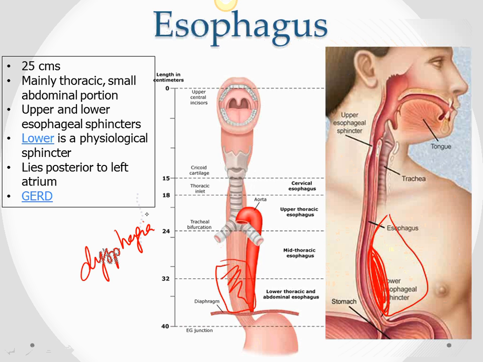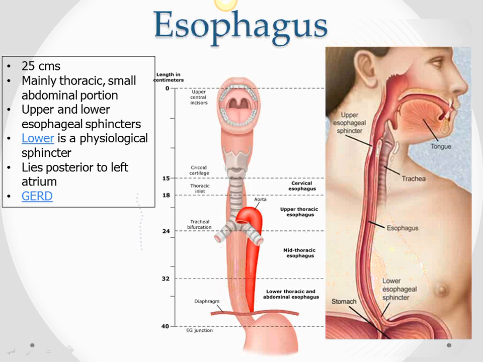This is just out of general interest, not that I'm going to ask you, but knowing some of these relationships becomes important. A person may have dysphagia, and you do a study and look at the esophagus and everything is fine, then you should think that maybe there's a problem with the heart, because the left atrium is related to that. You may be wondering what all these numbers are.